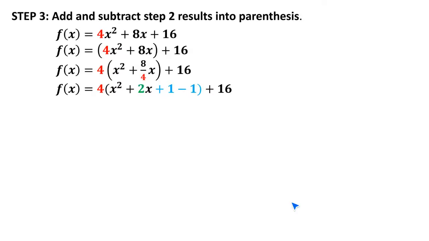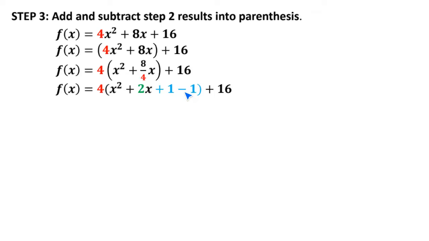So now what's going to happen is, we're going to want to get rid of this negative 1. But Ms. Chuka, you just put it in there and now you want to take it out. The reason we had to put it in here is because 1 minus 1 is 0. So we're essentially just adding 0 to this problem so that we don't change the problem. That's the reason it was important for us to include that negative 1.